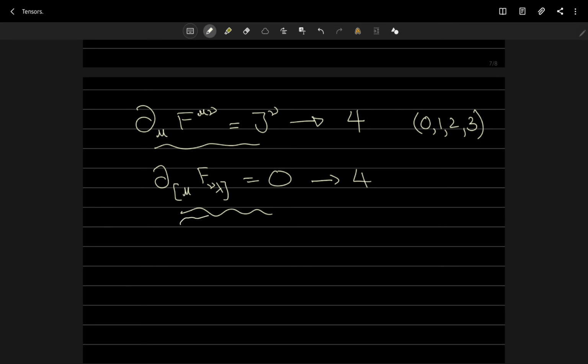This thing comes from the Bianchi identity, it comes from differential forms and a lot of things. Well, we'll talk about this some other time in detail, but my point over here is that this also contains 4 equations. We have this combination of 0,1,2, 0,1,3, 0,2,3, and 1,2,3.